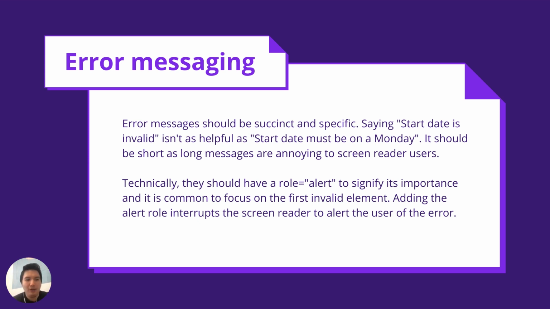If the message is really long, if you can't see the message, you can't reread it. That actually is quite a lot of mental load and cognitive load to follow what's happening. Technically, they should have a role equals alert to signify its importance, and it is common to focus on the first invalid element. Adding the alert role interrupts the screen reader to alert the user of the error.